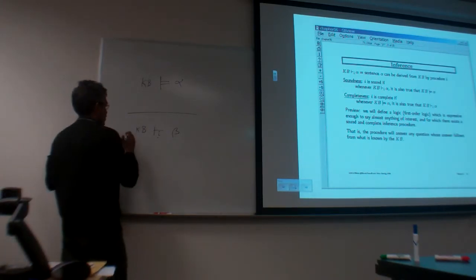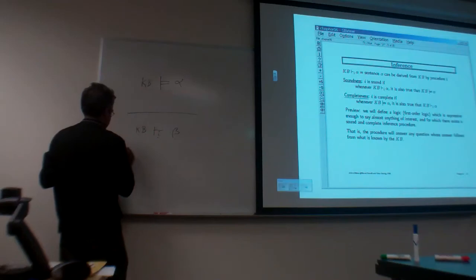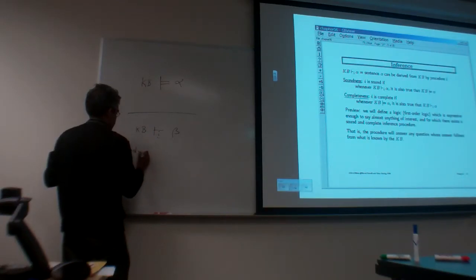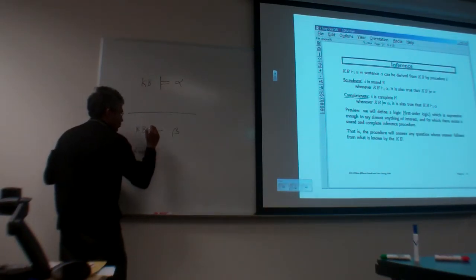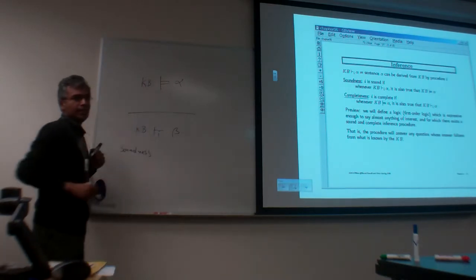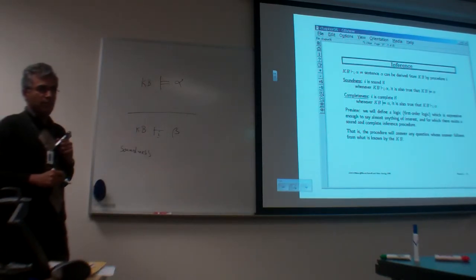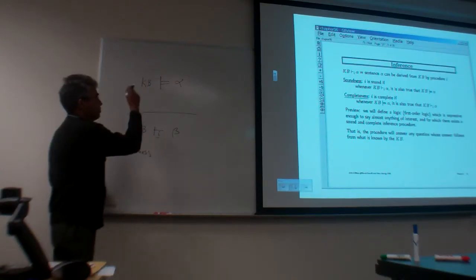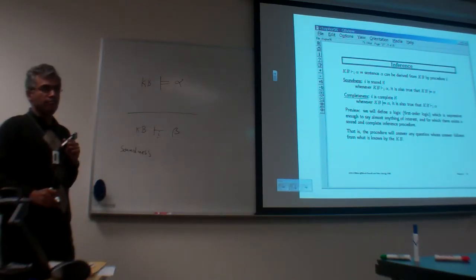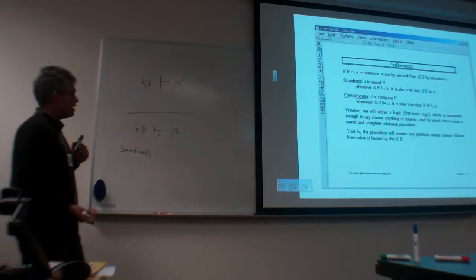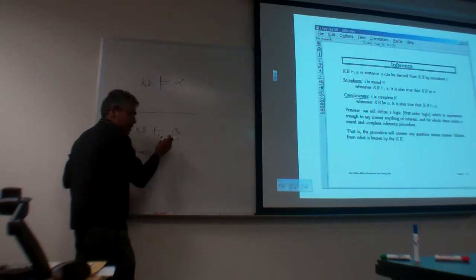Soundness essentially says that if you derive it, then it is entailed. If you say beta is derivable, then beta is also entailed. Completeness says that if it is entailed, it is derivable.